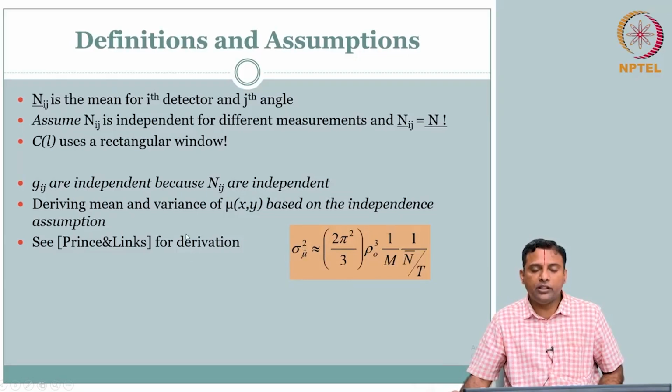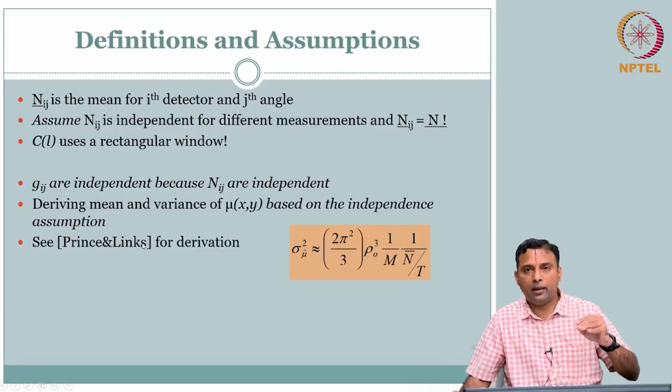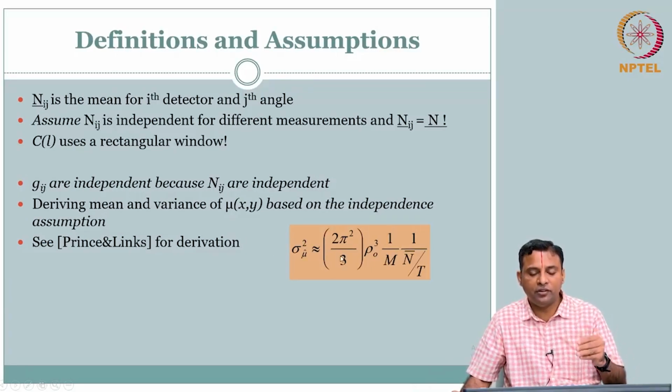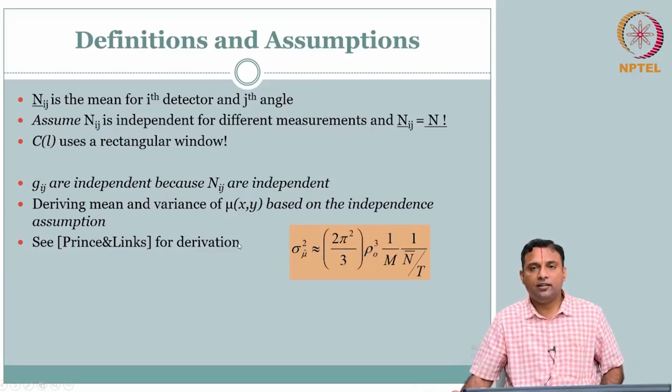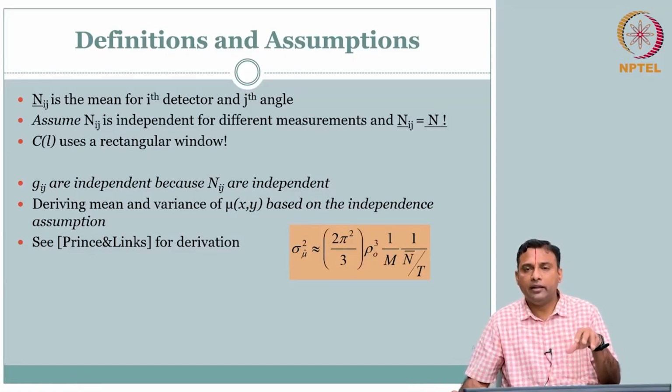The details of these derivations are not that important for the context of this course. Even in the textbook, only a couple of equations are given just before this to capture it, and this is okay. Why we don't want to get into the complicated derivation is because it's already simplified.